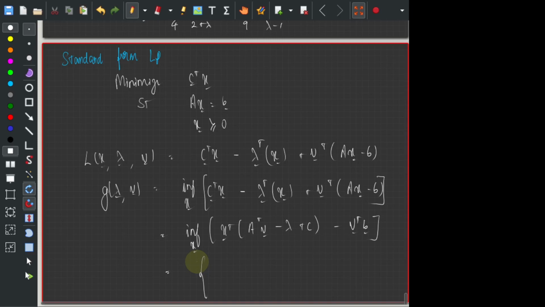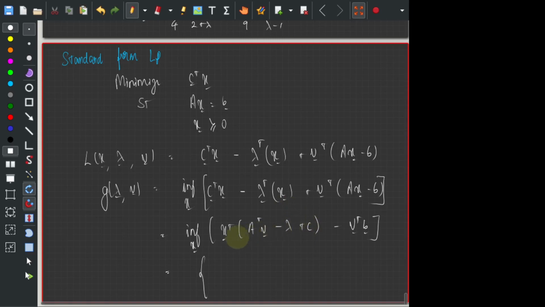What can you say about the infimum? For all lambda and v, if the quantity has a negative component... So for any fixed lambda and v, this term is always a constant, right?